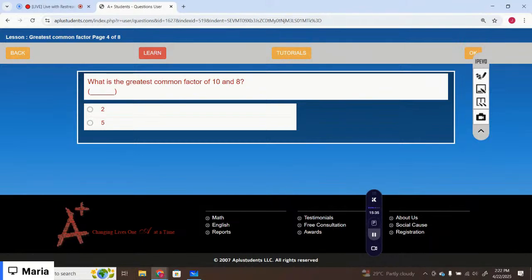What is the greatest common factor of 10 and 8? So which is the correct option?